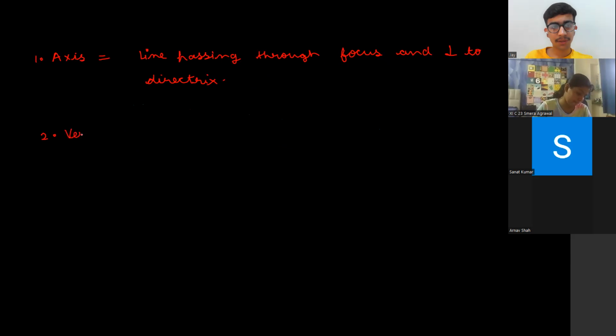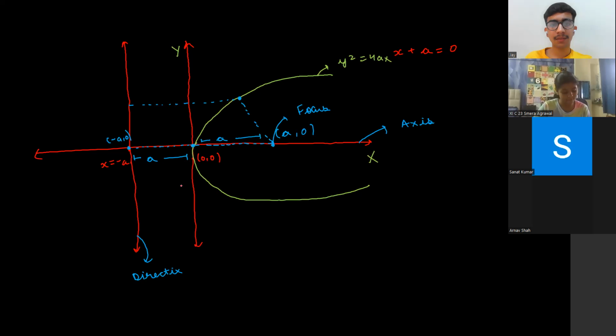Now the second is vertex. So vertex क्या होता है? Vertex is basically the point of intersection of the axis and the parabola. See, हमारी axis है x-axis, right? And the parabola is intersecting the x-axis at only one point. So this particular point is known as the vertex.